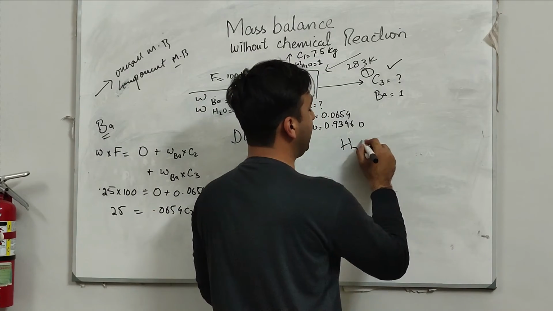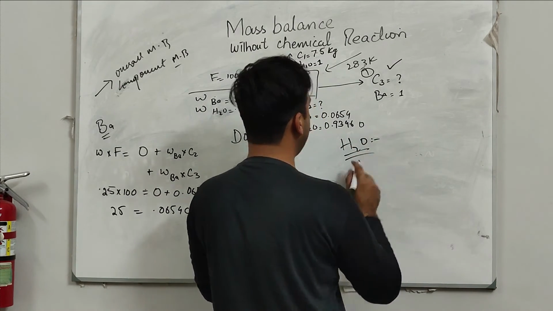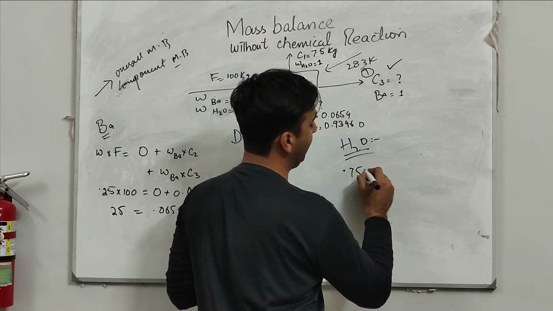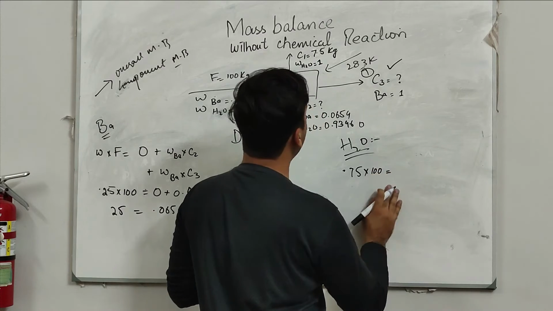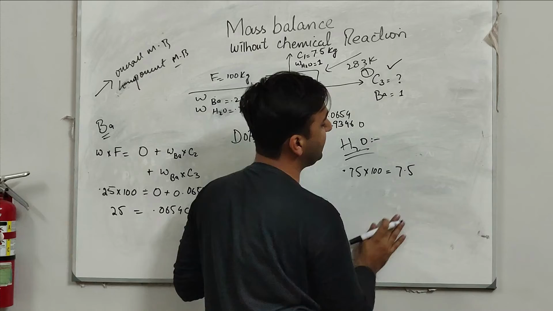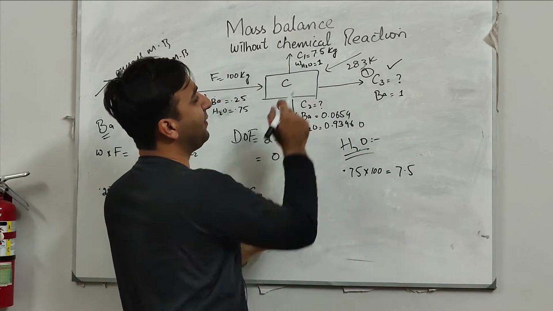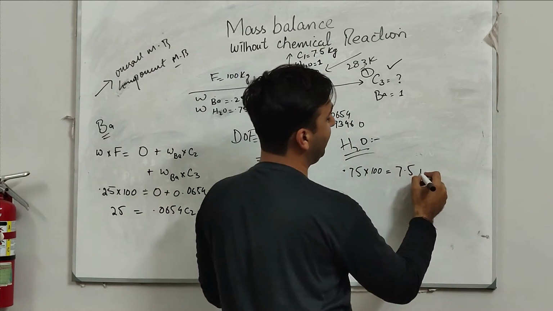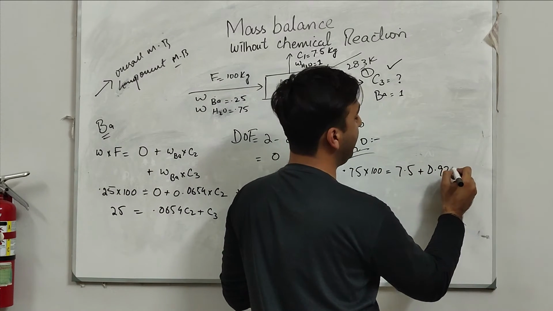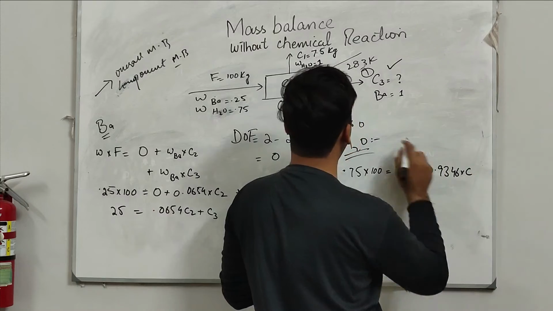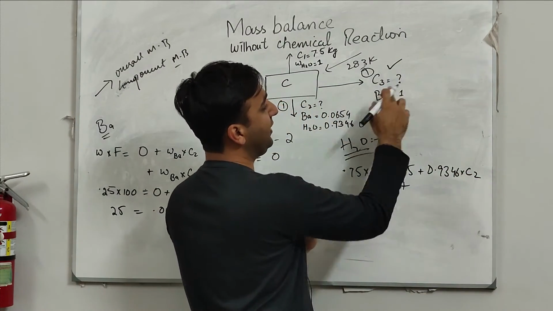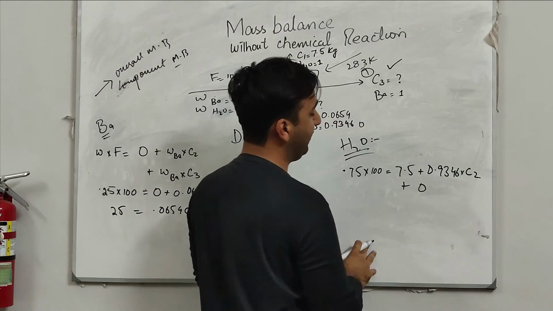For water component mass balance, I will write it directly as 0.75 multiplied by 100. Here I am having 7.5 kgs. If I multiply 1 with 7.5, it will become 7.5. Here I can write 0.9346 multiplied by C2, plus in this C3 I don't have water, so it will be equal to 0.